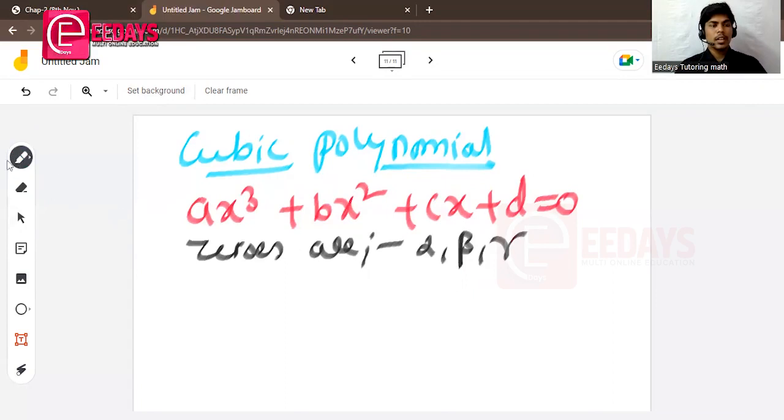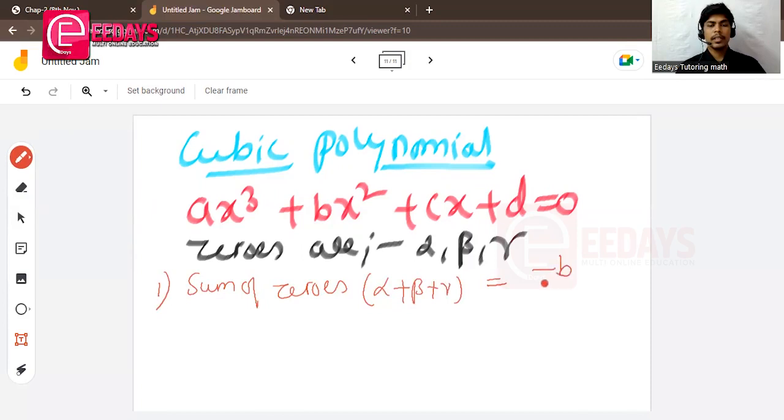Now let's write the sum of zeros. Try to take the notes, guys. Sum of zeros is nothing but alpha plus beta plus gamma, that is equal to minus b by a.